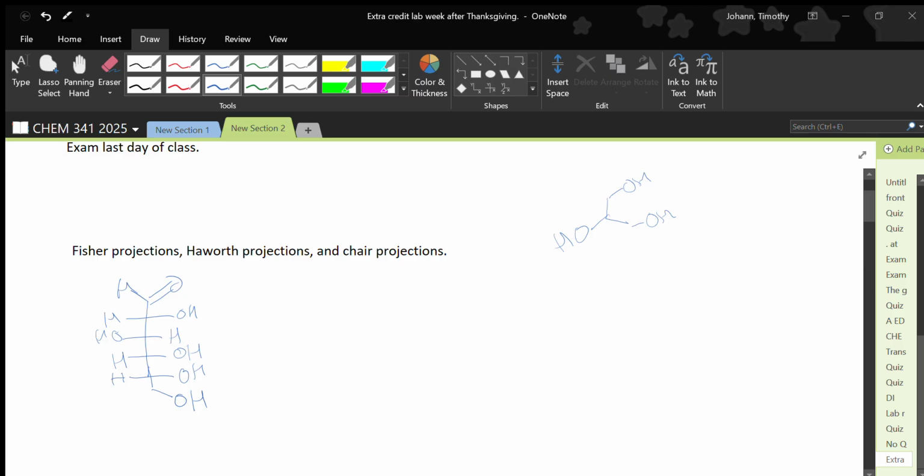And so then if you want to turn that into a Haworth projection, the way you do that is you're just going to turn this thing on its side. All right, so if we turn this on its side, then you have this.